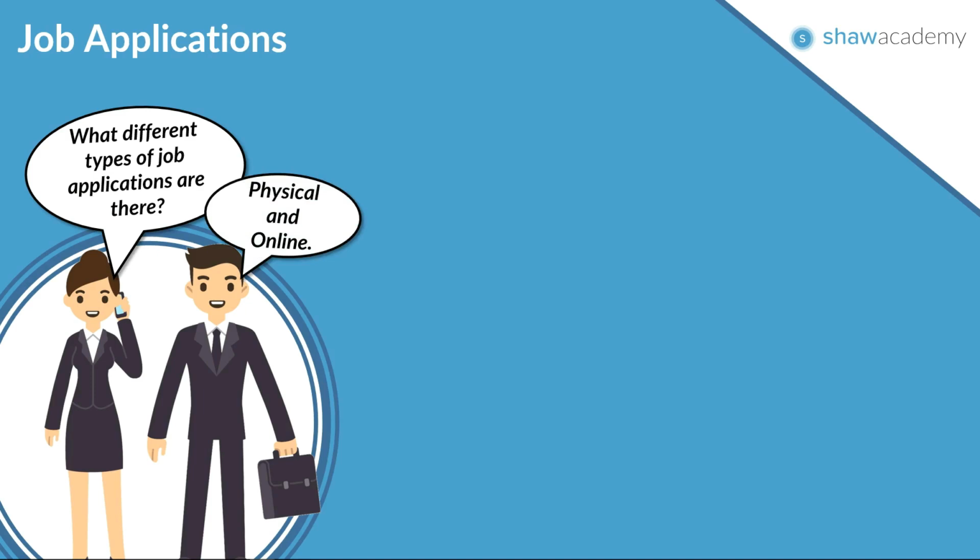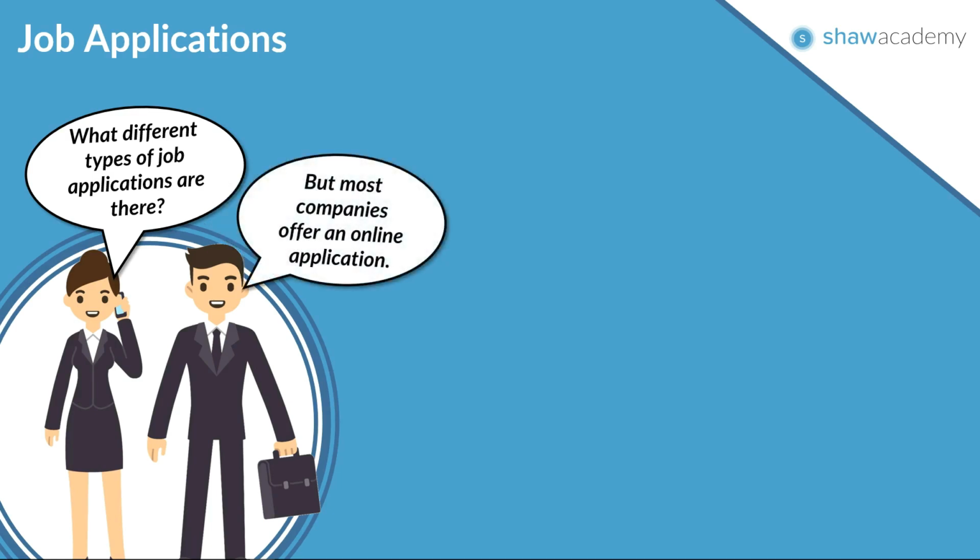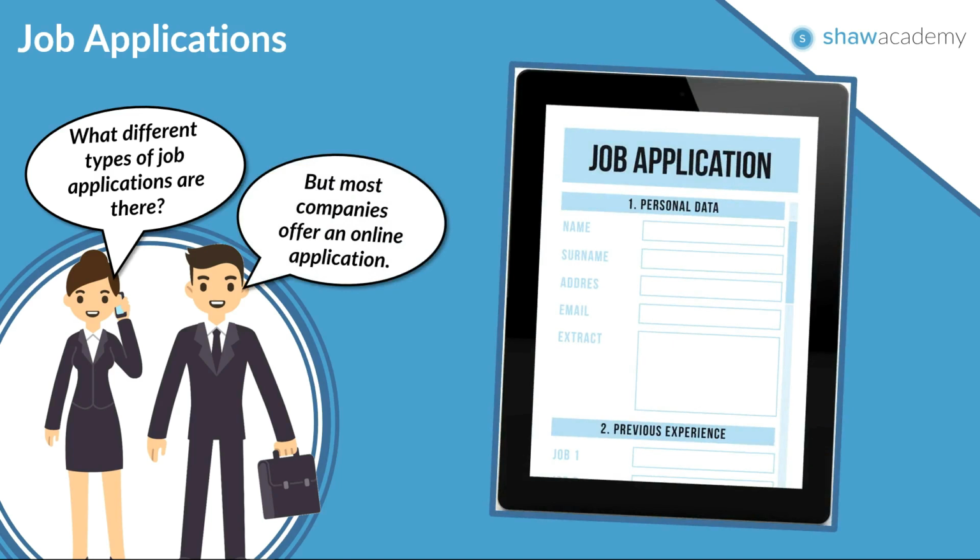So physical one means a piece of paper that you write on, but more commonly we have online applications. So most companies will offer an online application, just like this here, okay? This is what we would most encounter online or on job sites when you are applying for a job.